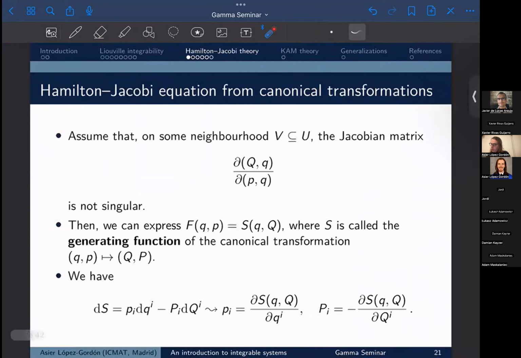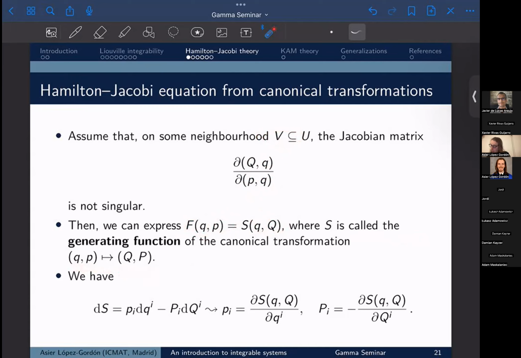Now we assume that the Jacobian matrix of the coordinates capital Q, lowercase q with respect to the coordinates lowercase p and q is non-singular. And then we can express this on some neighborhood, which is a subset of U. And then we can express this function f of q and p as a function S of the lowercase q and uppercase Q. And this is called the generating function of the transformation (q,p) lowercase to (Q,P) uppercase.